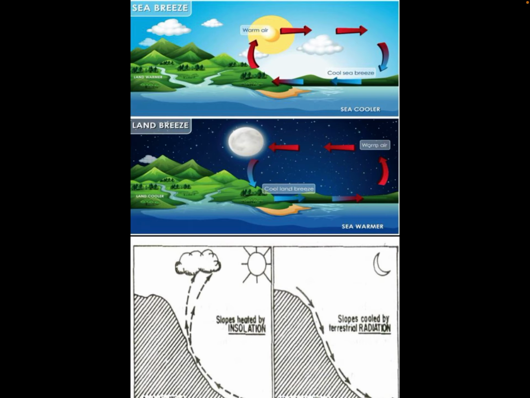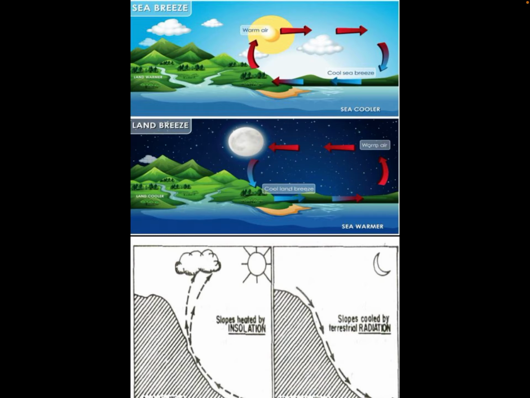We can see in this image the breeze or wind flowing from the sea towards the land is called sea breeze, and the wind which flows from land to sea is known as land breeze.